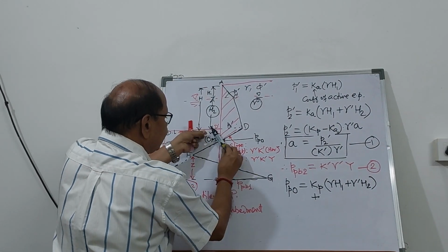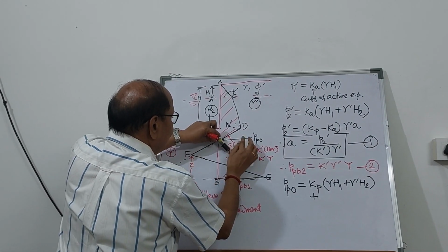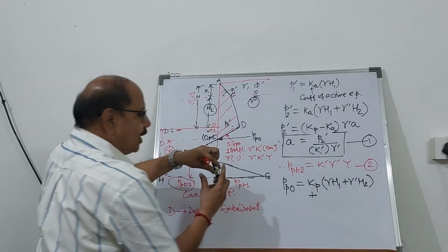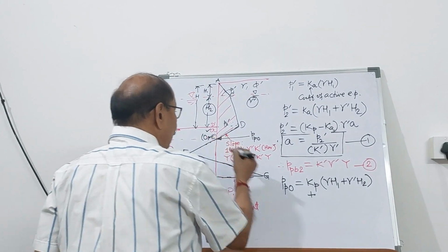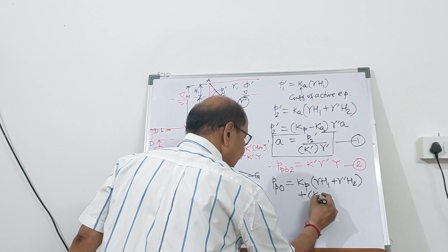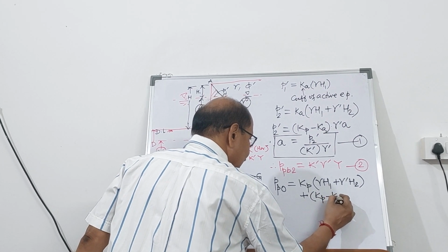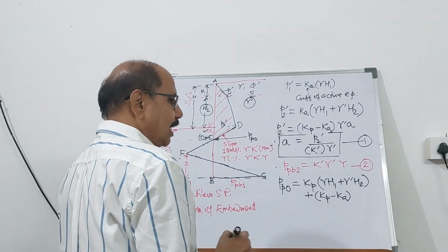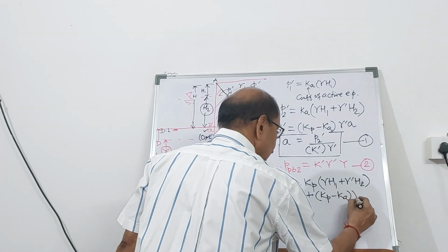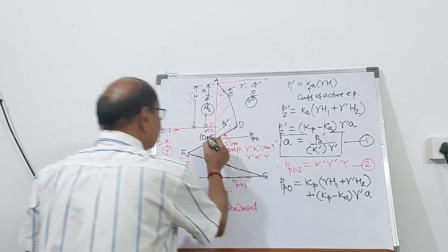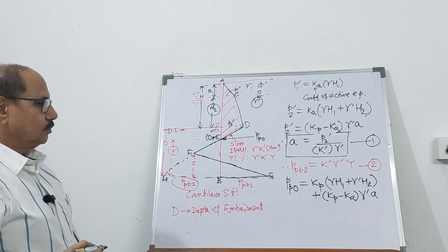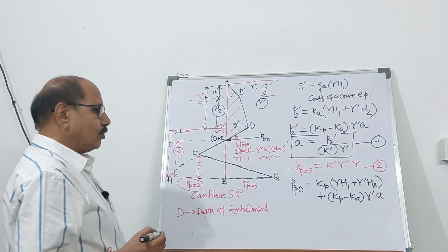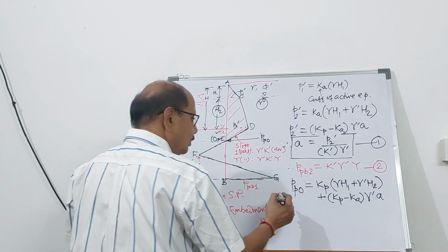Now it is going to deflect like this, so it is going to compress, but below this it is going to be in active condition. So plus Kp minus Ka, below O or below E, multiplied by gamma prime into this distance A. So you can calculate the value of PPO.